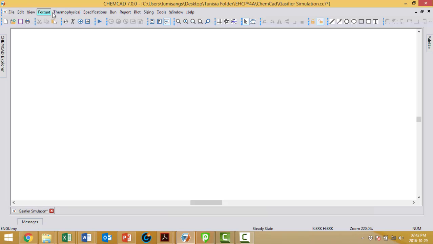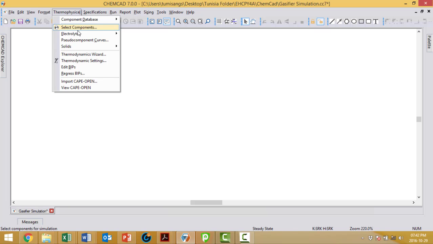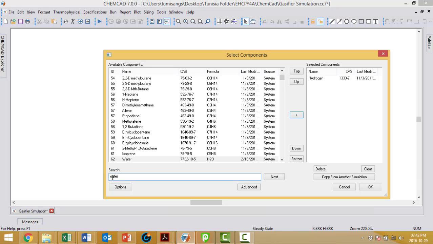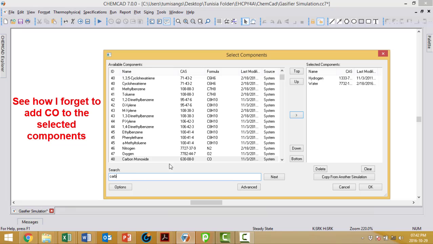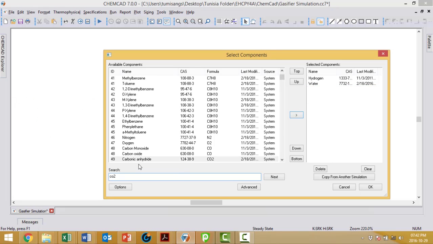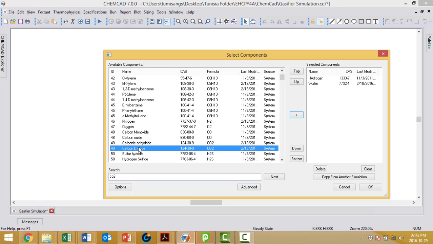Okay, the next step, we will go into selecting the components. We know that the first component is hydrogen, which we have here, and then we also have water. The next is carbon monoxide. Here we have. Then we have carbon dioxide. As you will notice, I am using different search keywords here.